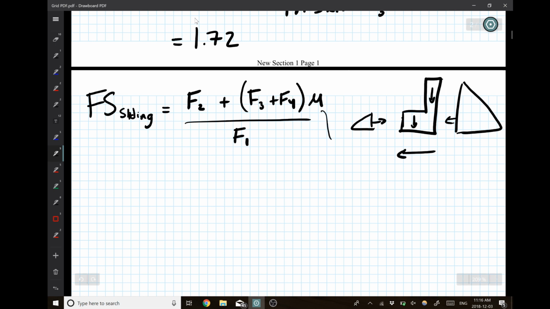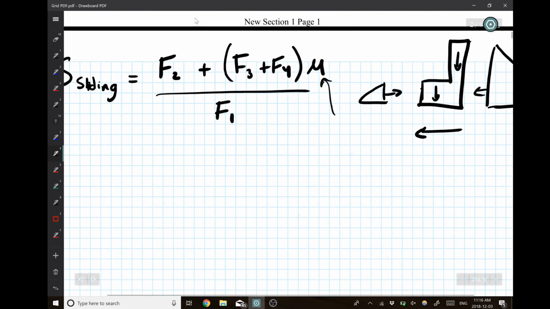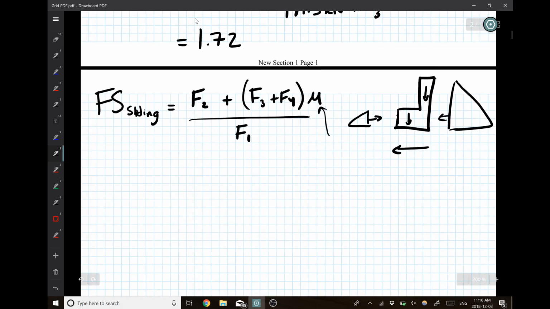So just to clarify, this value, the coefficient of friction, can also be explained as the angle of friction. The angle of friction would be provided in degrees.